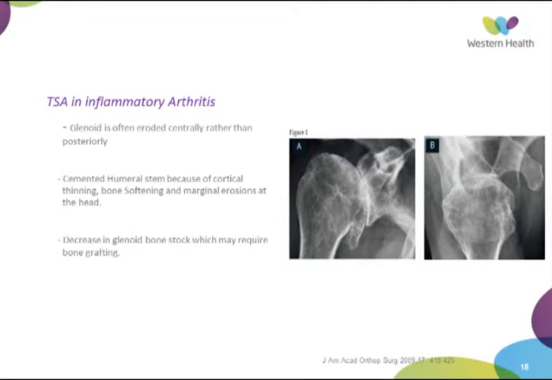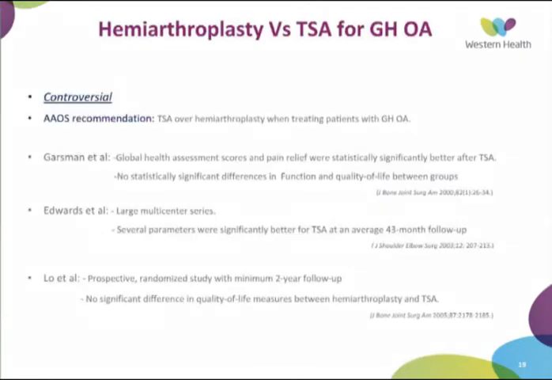A quick look at hemiarthroplasty versus total shoulder replacement for glenohumeral OA. Generally, it's controversial, so both of them can be used. There are different papers; some of them are for it, and some of them are against it. The AAOS recommendation is that total shoulder replacement is superior to hemiarthroplasty for glenohumeral OA.